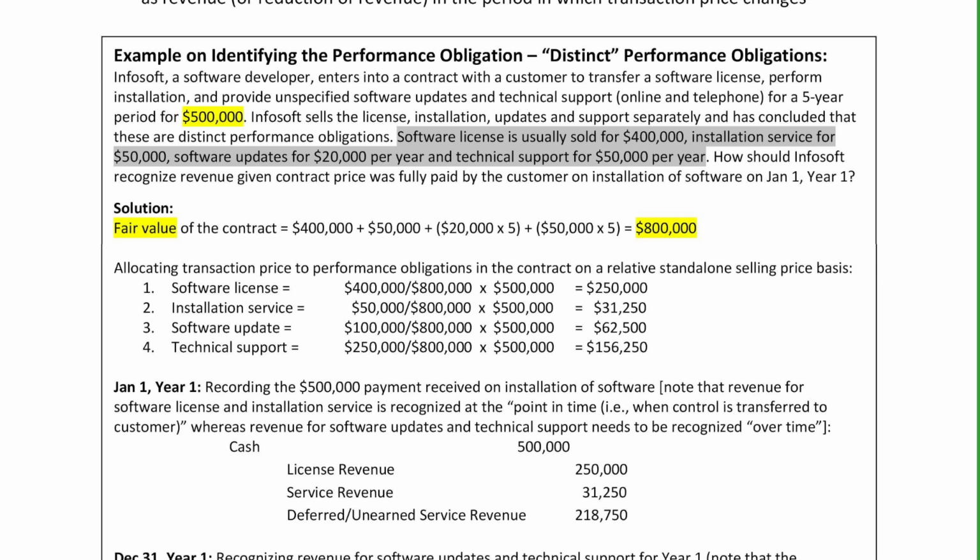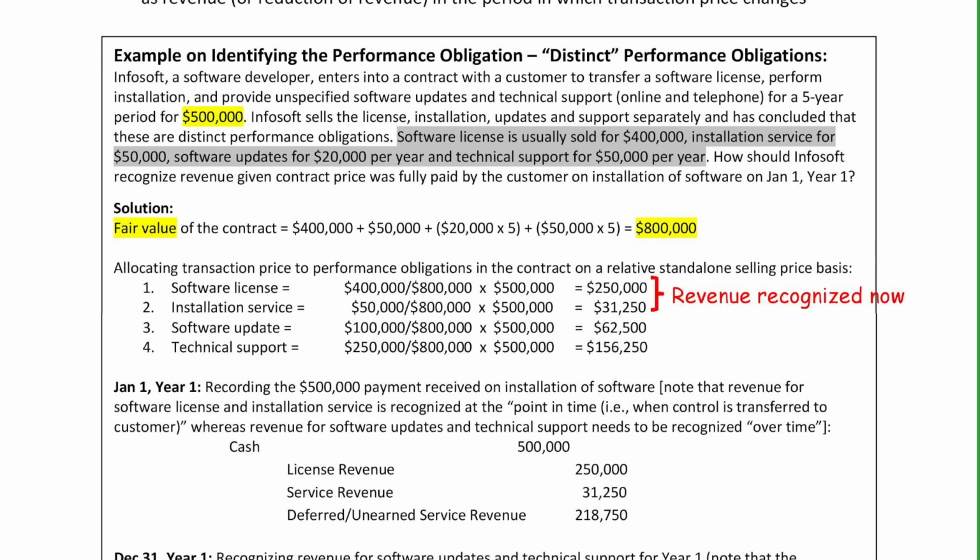Now, let me give you a quick preview of step number 5, which is about revenue recognition, where we're going to be talking about revenue recognized at a point in time or revenue recognized over time. In this example, the software license and the installation service are delivered right now.